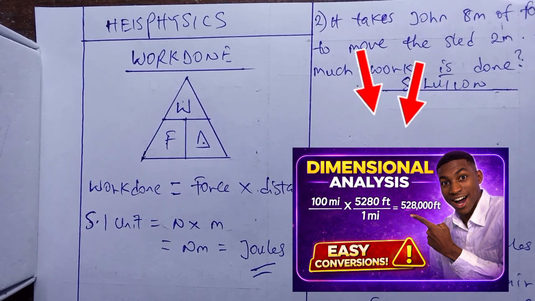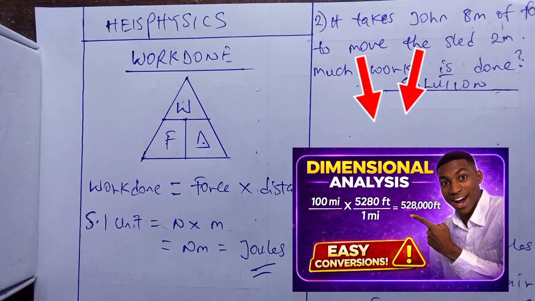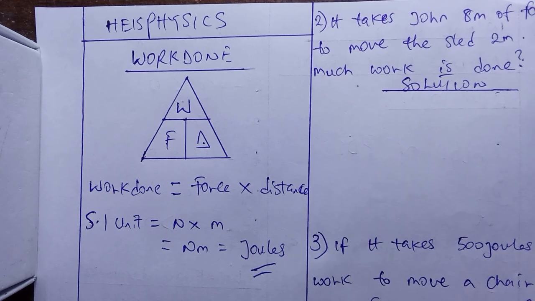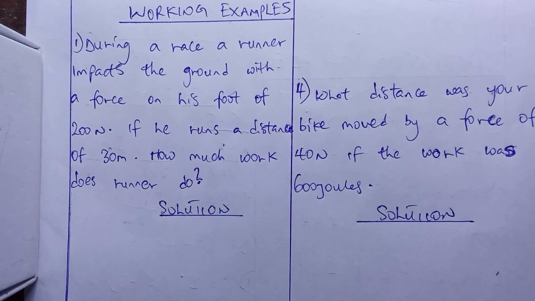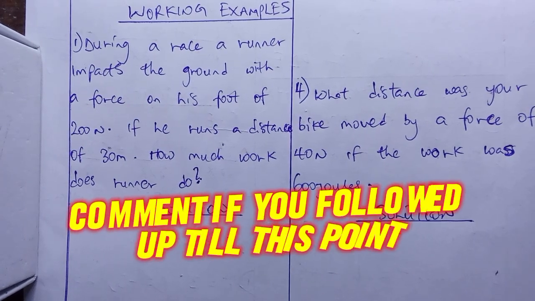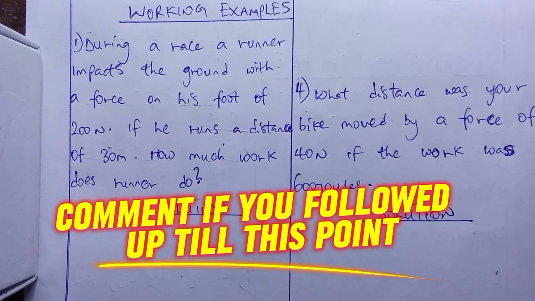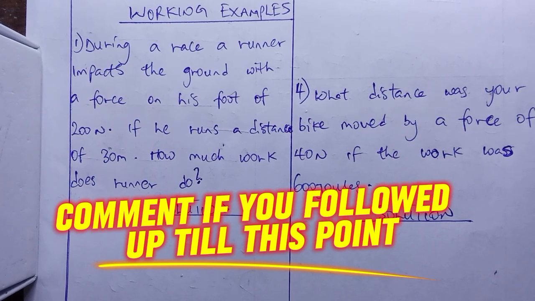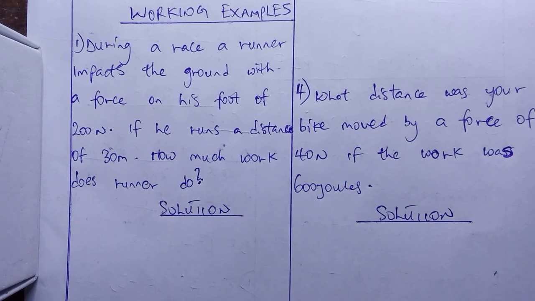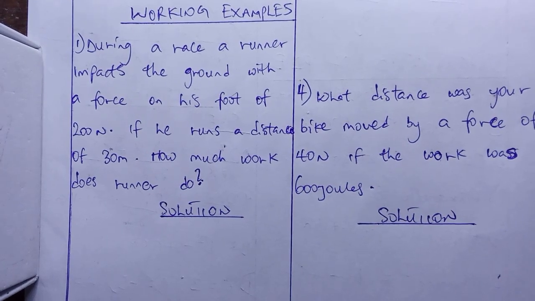So now let's solve a few examples so you can understand how to apply the formula for work done. The first example says, during a race, a runner impacts the ground with a force on his foot of 200 Newton. If he runs a distance of 30 meters, how much work does the runner do?